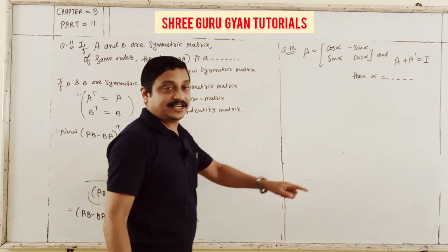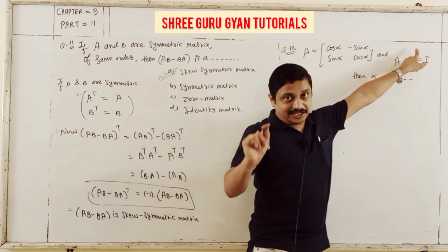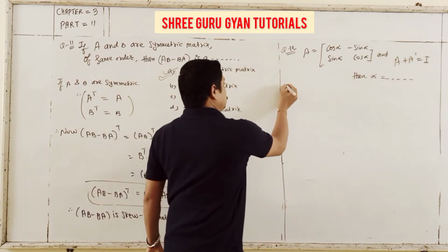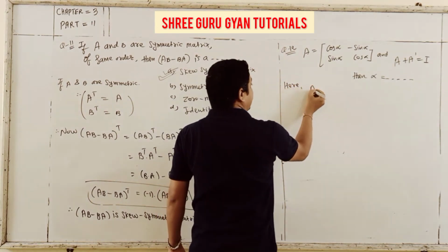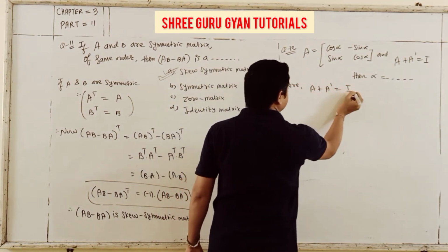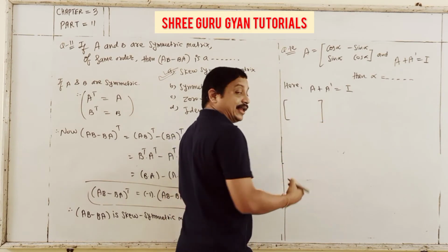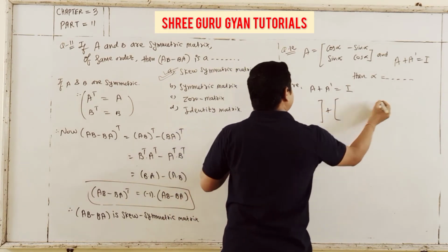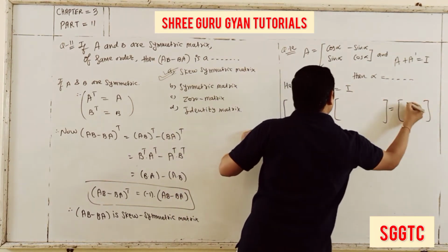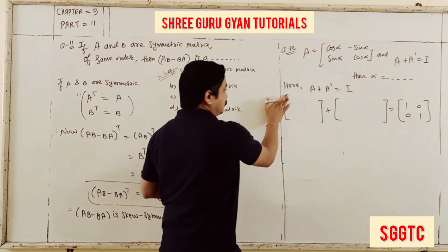Students, A dash or A transpose, both are the same. So here A plus A dash is I. Put down very quickly A plus its transpose, and I know is 1 0 0 1.